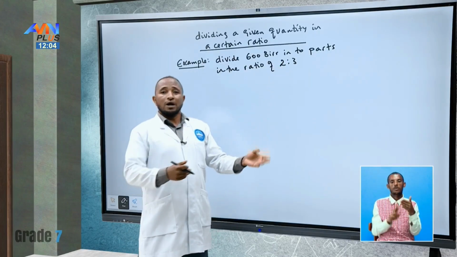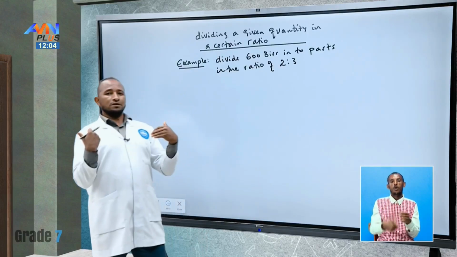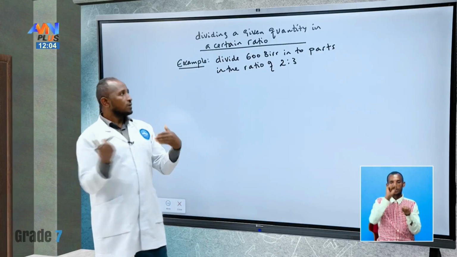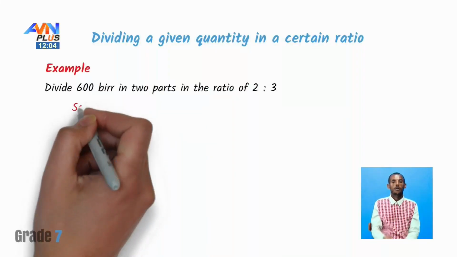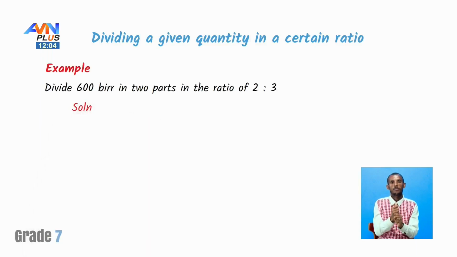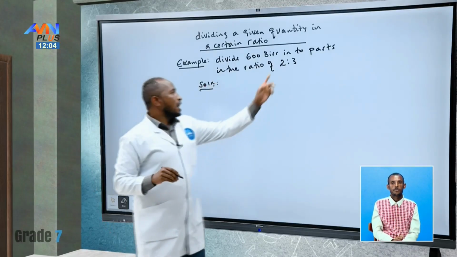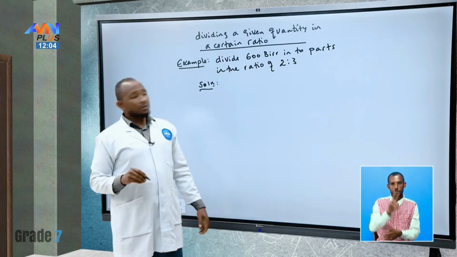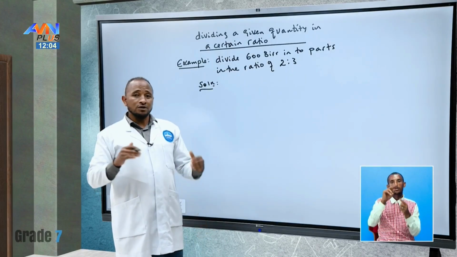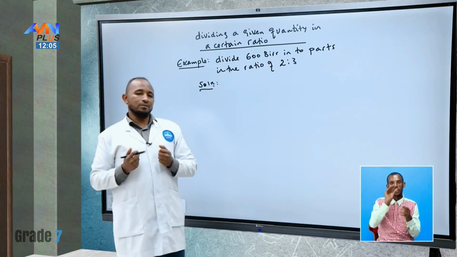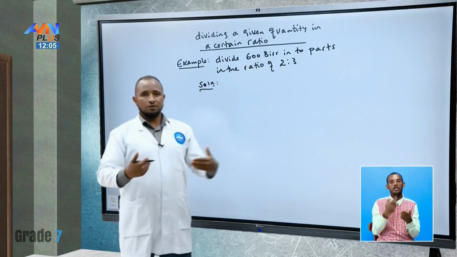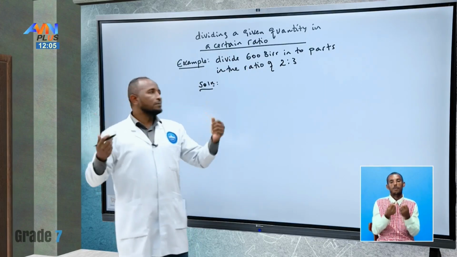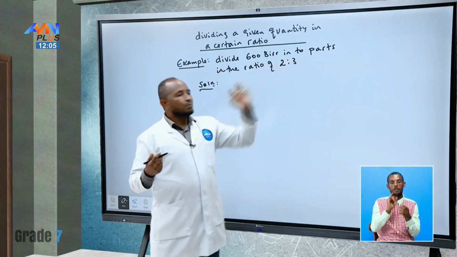So you are asked to find the original quantity. To find that, I have to multiply these two numbers, 2 and 3, by a certain constant to get the original numbers, since this one is the lowest term. The original terms are obtained by multiplying both by the same number.